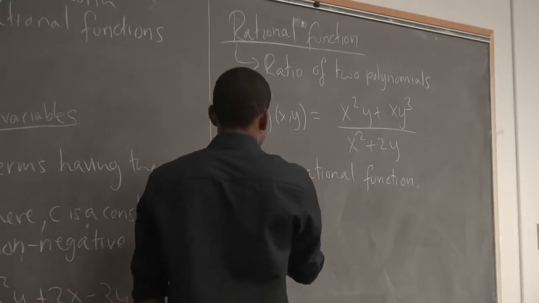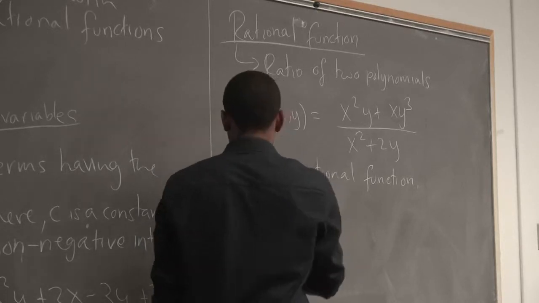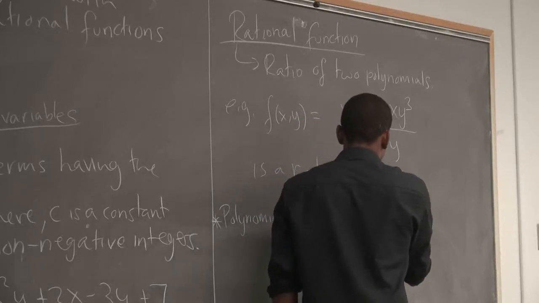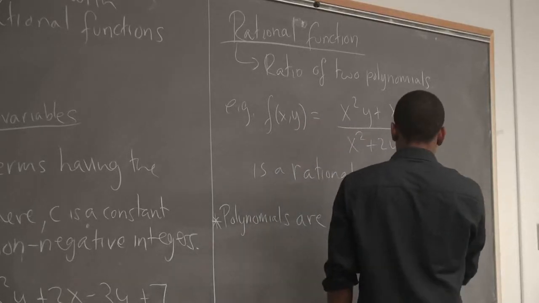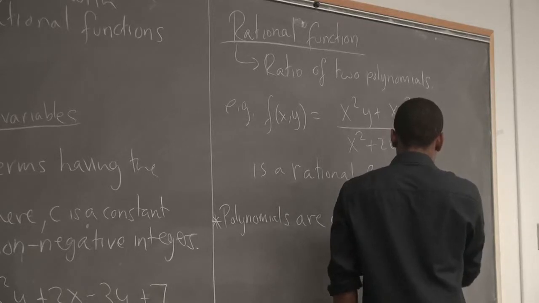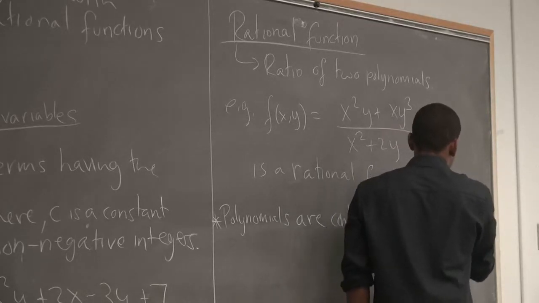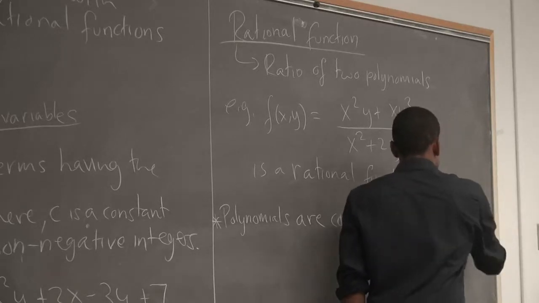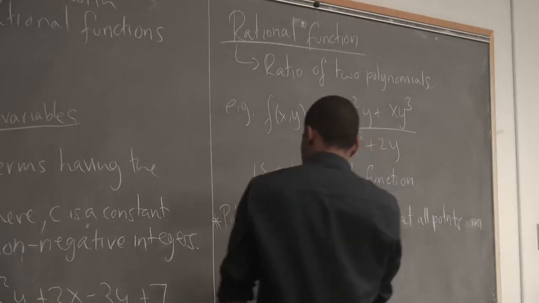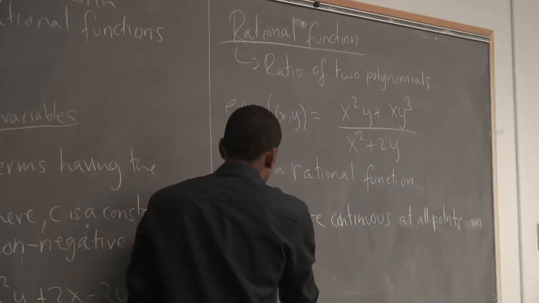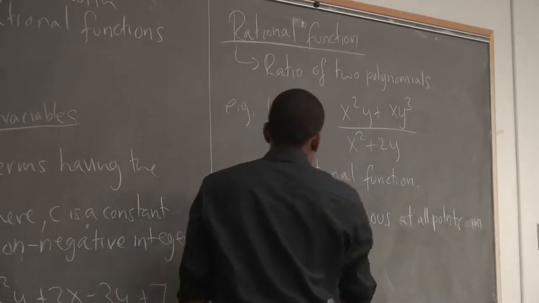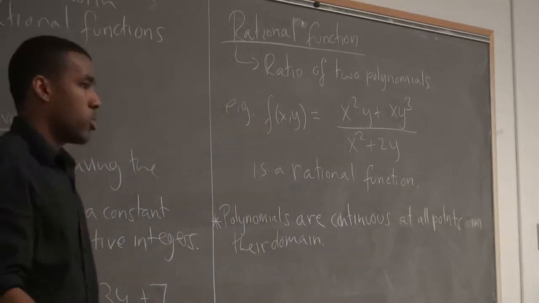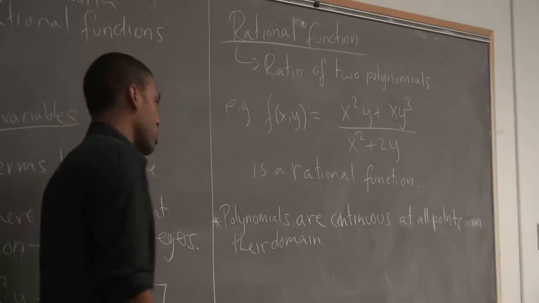Polynomials are always defined all throughout their domain. Rational functions aren't necessarily so. Right, which means that always happens for a polynomial, which means to evaluate the limit for a polynomial, you just plug in the point that you're approaching. It will always just work out.